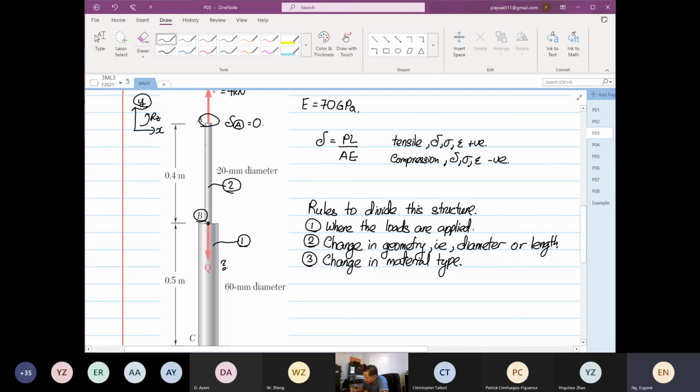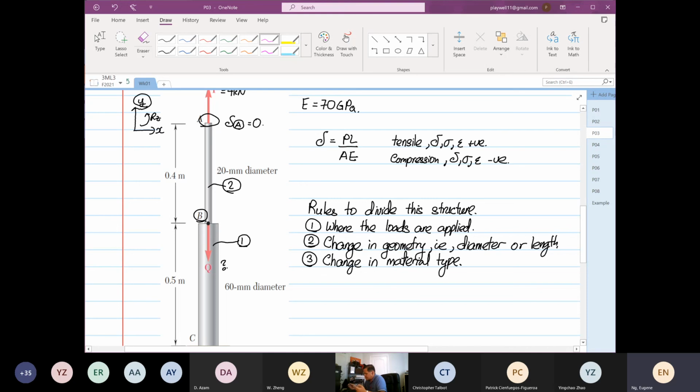This is just a different question: if this is made of brass and the lower one is made of aluminum, then you have to divide them into 2 also. So you select based on the biggest number of divisions.